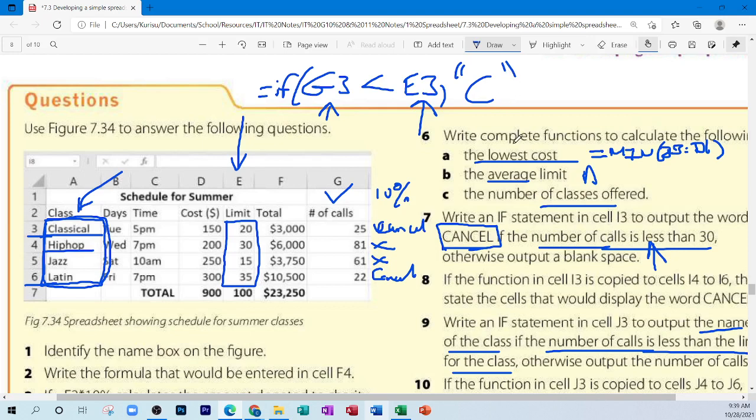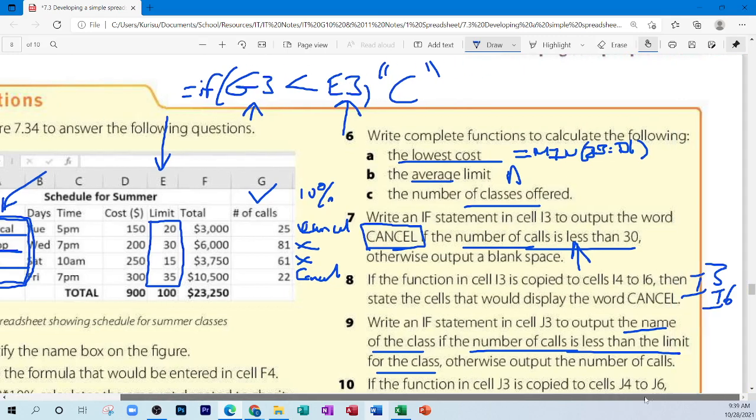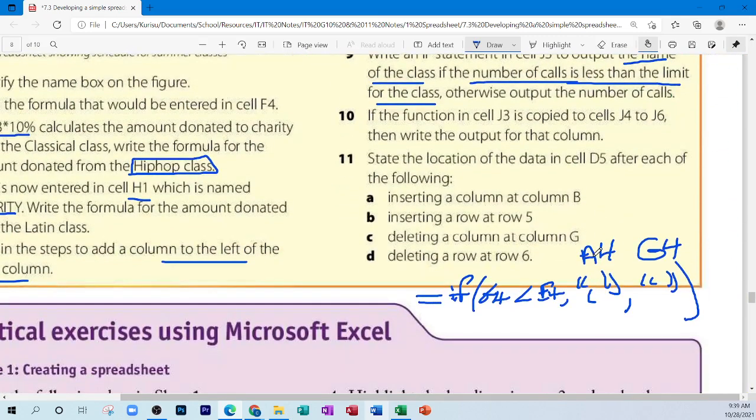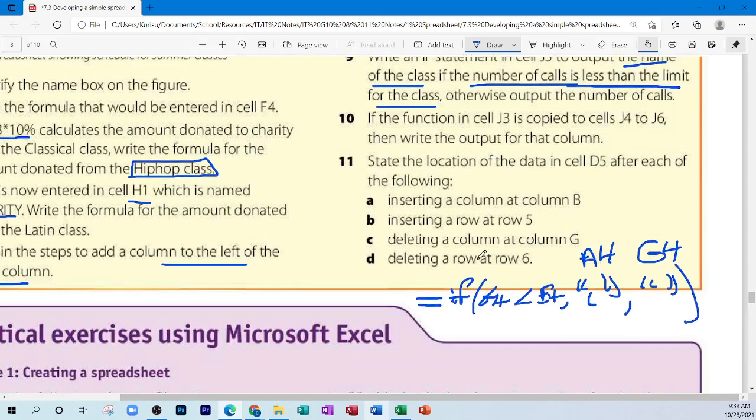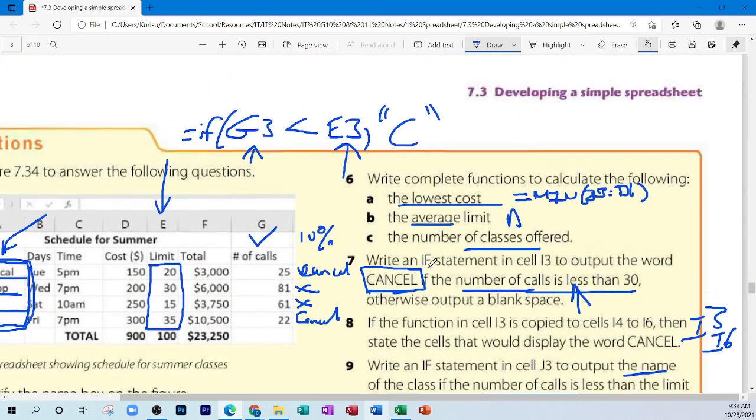So when you copy the formula, even though it's going to run the test differently, it's still going to output the word classical. It's not going to output the other classes because they are not inside of the quotation mark. Only what is inside the quotation mark will be output. So that is why we needed the actual cell name, so that what is inside of the cell is used.